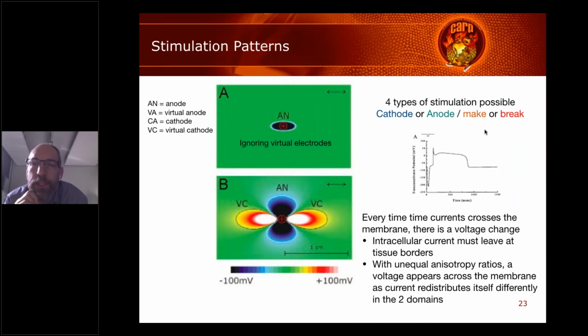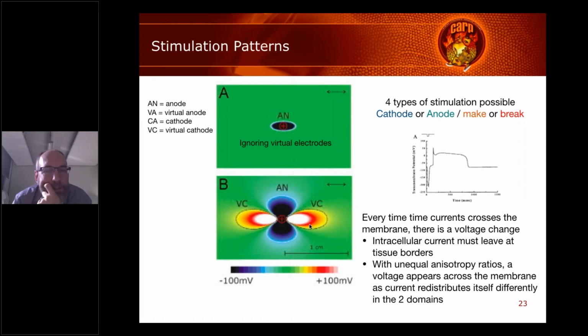So if we look at the anode here, this is the anode in B. You can see that if we turn on the stimulus, this is happening at the anode, so we can get anode make from our virtual cathodes, or we can get anode break when we turn off.